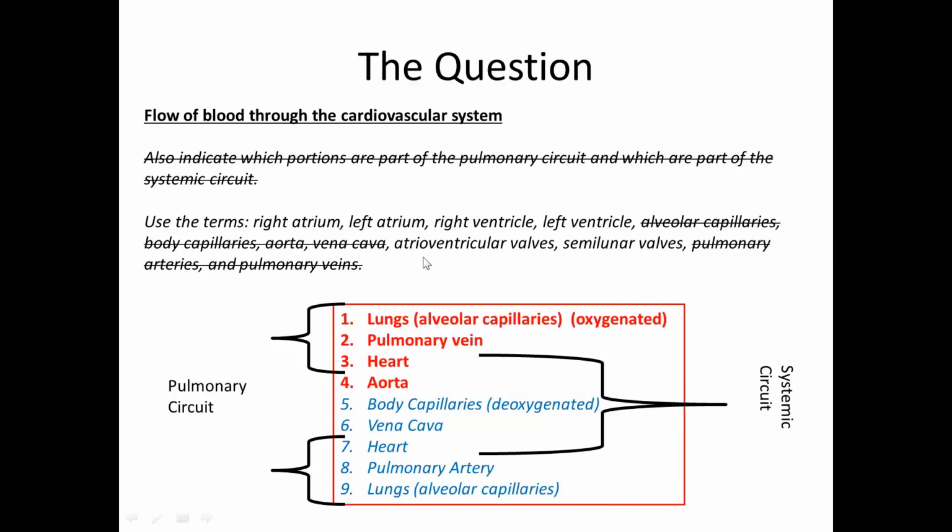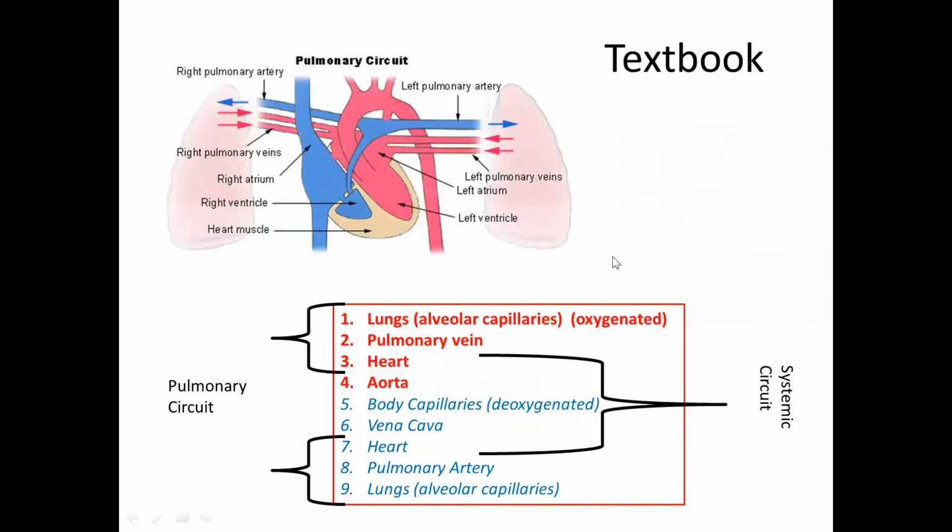Okay, so I cross out all the terms that I've used, right? Changed alveoli to alveolar capillaries, checked off everything I used, and that leaves me with a few more terms. All right, so now I go back to the book. And in the textbook, there's this nice picture that shows you a little bit more detail on the flow of blood. So here's blood in the lungs.